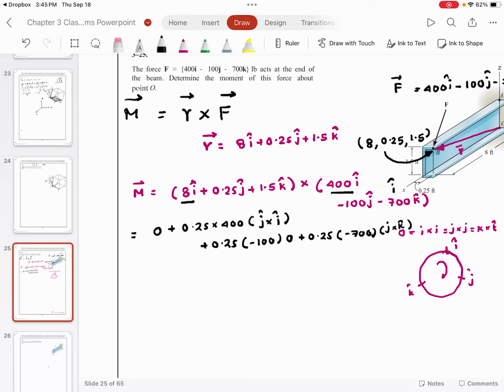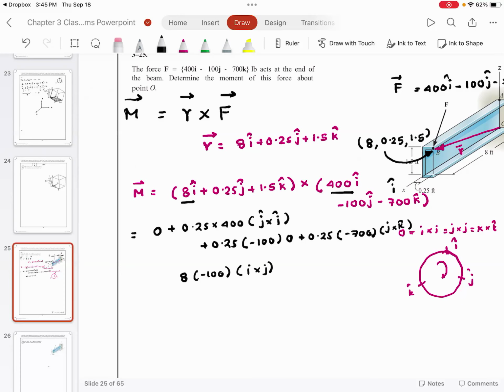So 8 times minus 100, i cross j. Then 0.25 times minus 100 that we did.